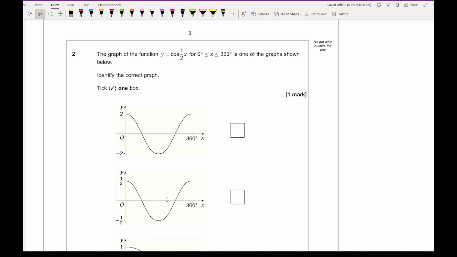Moving on to question 2, it says the graph of the function y equals cos of a half x, for x between and inclusive of 0 to 360 degrees, is one of the graphs shown below. Identify the correct graph. Now with this particular one, if I just do a little sketch of cos x for 0 to 360, this is what the original graph looks like. Now this, in terms of a graph transformation, is a stretch parallel to the x-axis, and it is going to be stretching outwards.